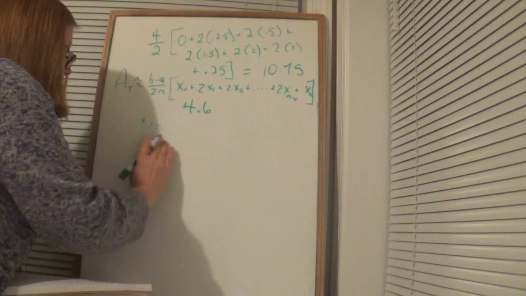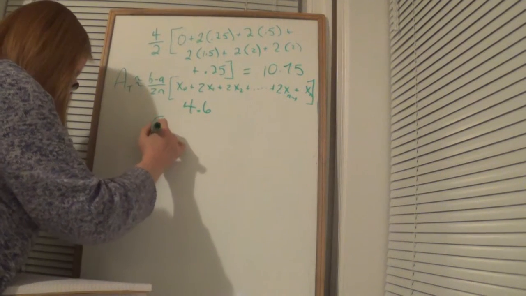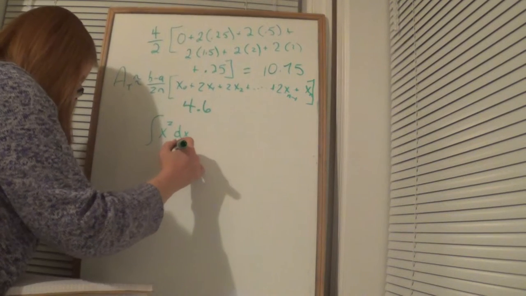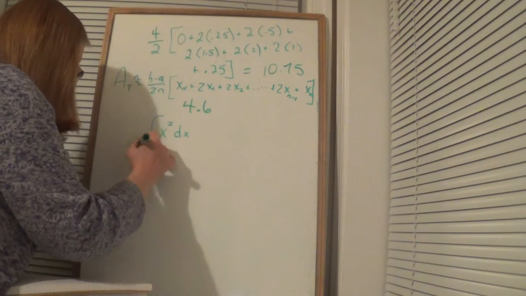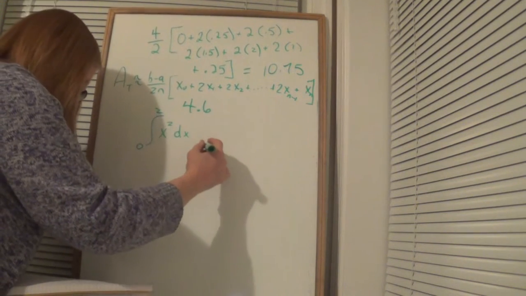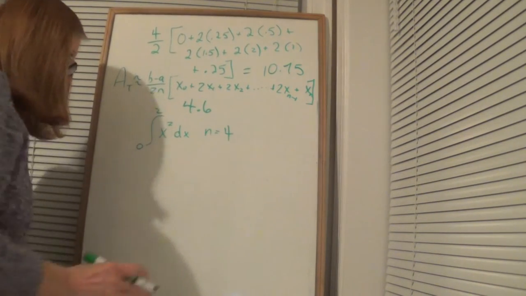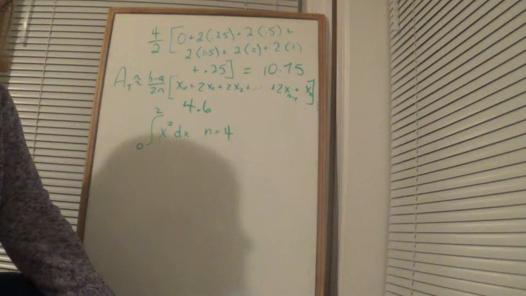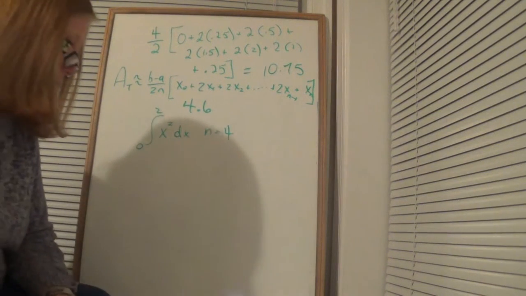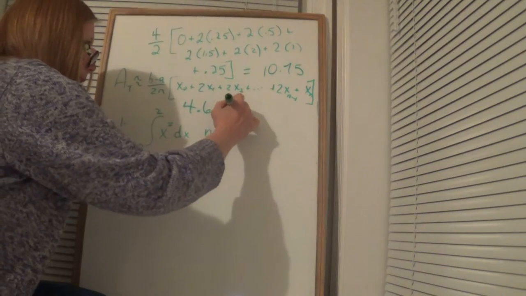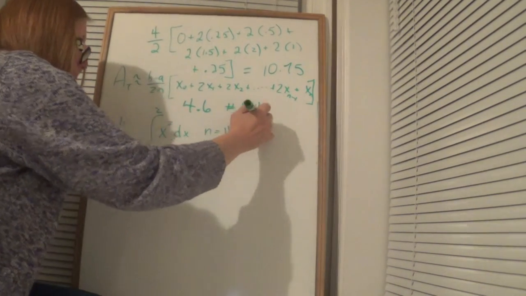They are going to have a problem that looks like this: the integral of x squared dx from 0 to 2. And that's in 4 boxes like that. So that's number 1 on 4.6, and I want you to do numbers 1 through 4.